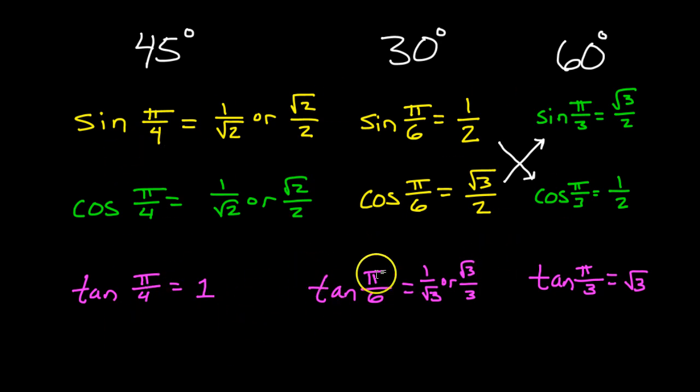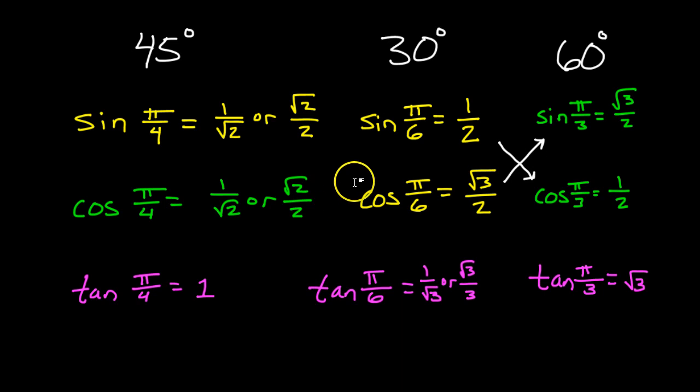Now, what is an inverse trig function? One more time, glancing at this chart, for example, we know that the sine of pi over 6 is 1/2. Let me write that down again. We know that the sine of pi over 6 is equal to 1/2.